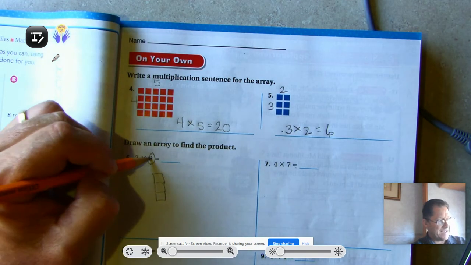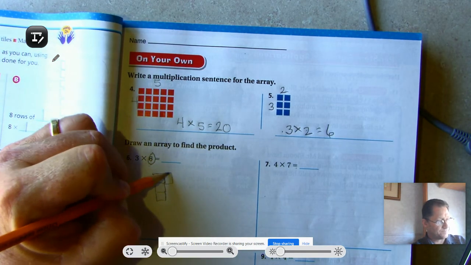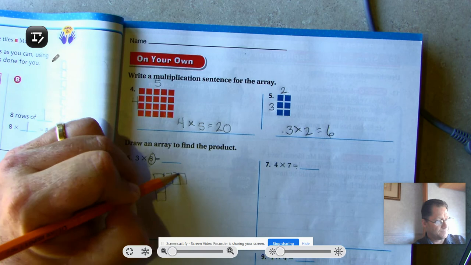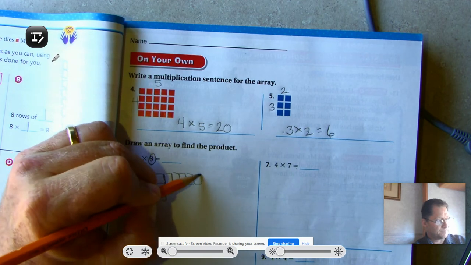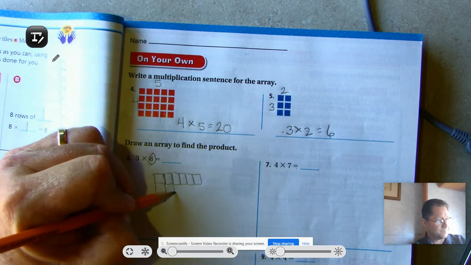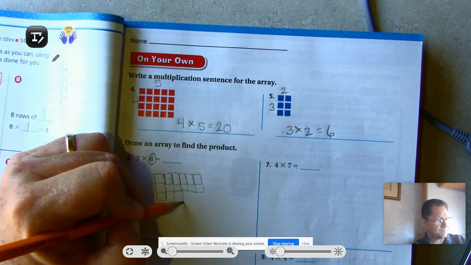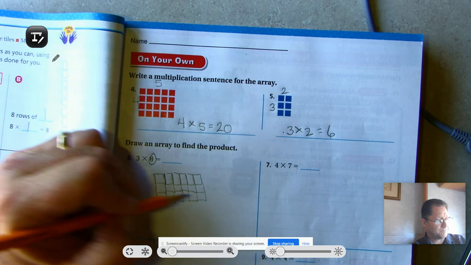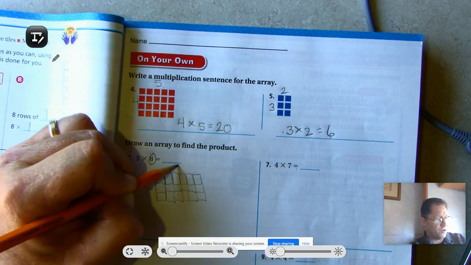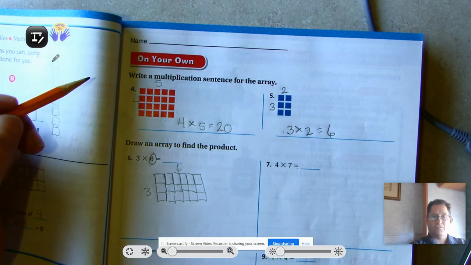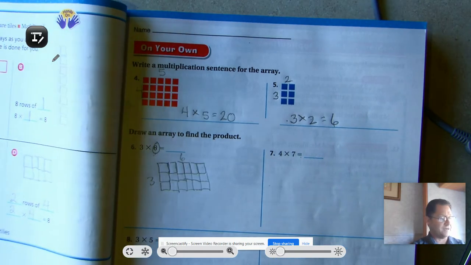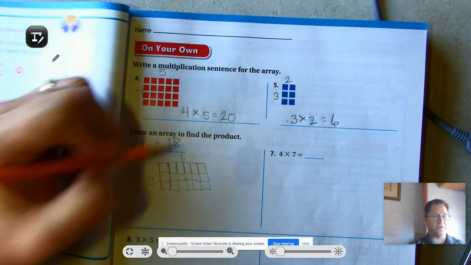Every row has to have 6. So 3 rows of 6. Well, we've already solved 3 times 6 on another problem, and we know that that's 18.